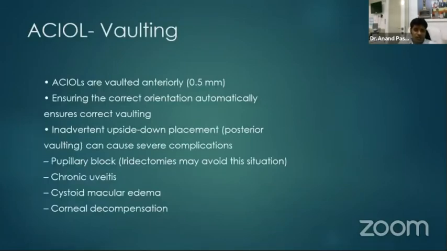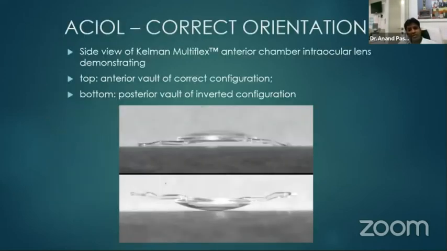The ACIOLs are vaulted anteriorly, around 0.5 millimeter, and ensuring correct orientation ensures the correct vaulting, which avoids complications like pupillary block, chronic uveitis, cystoid macular edema, and corneal decompensation. Here we see the ACIOL in the correct orientation, the side view of the Kelman's Multiflex anterior chamber IOL.